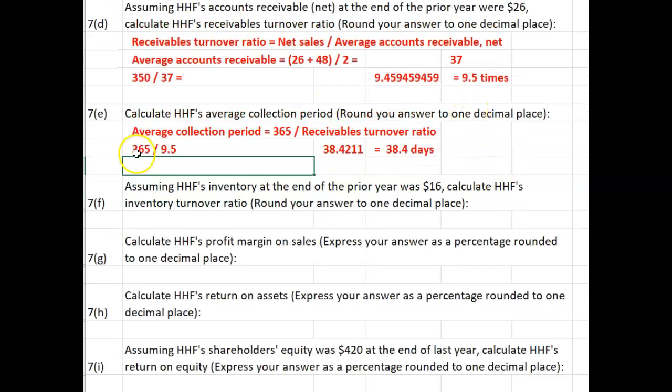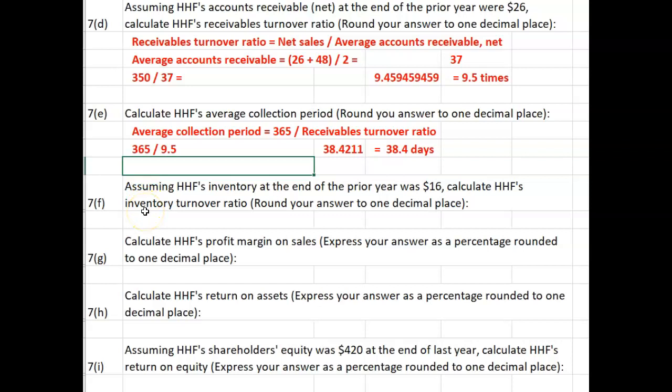So 365 divided by 9.5 average turnover ratio equals 38.4211, or a collection of the receivables every 38.4 days. A little slower than once every 30 days, as we kind of predicted up here. But still not bad.